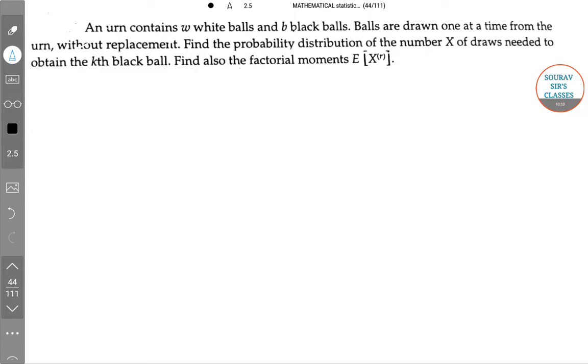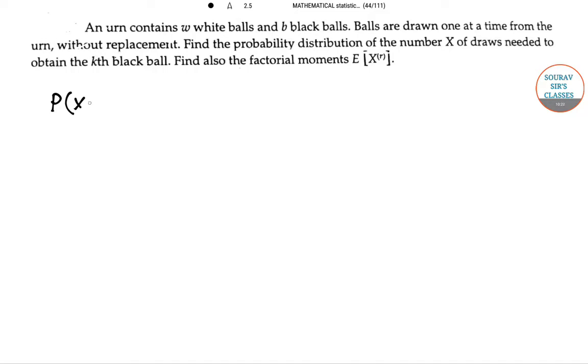So I hope you guys have gone through the question. So now I'll be solving this question. First we have to remember that the probability of capital X equals small x equals the binomial coefficient of x minus 1 choose k minus 1 and w choose x minus k.